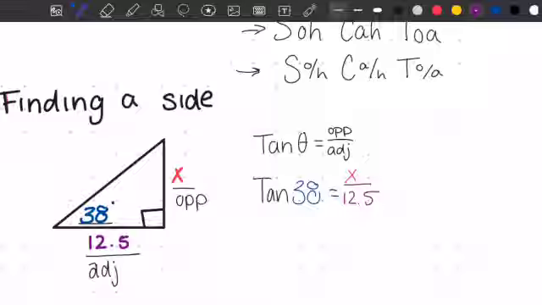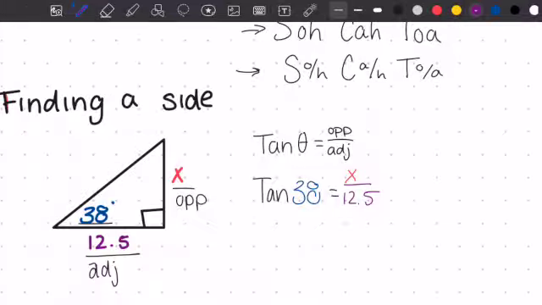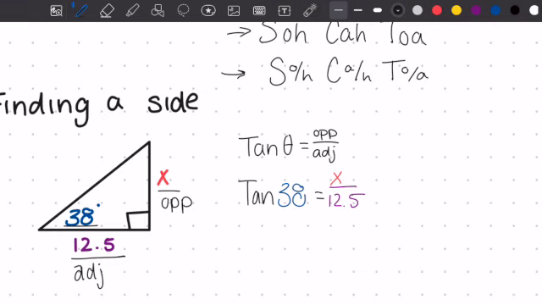Now, solving this using algebra, all I want to do is get x by itself. So what I'm going to do is multiply both sides by 12.5, just like I would in any other math problem.